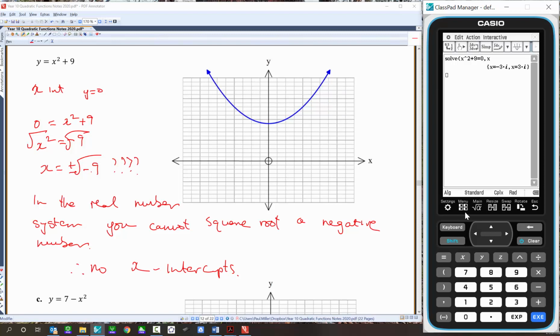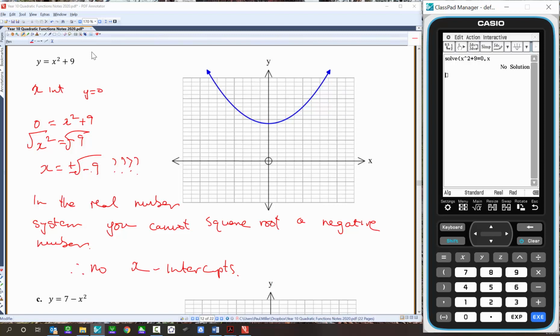So if you do see these i's at any point, square root of -1 is i, an imaginary number, then you've probably got your calculator in the wrong mode. So drop it into the real number system, re-ask the question, and it should say no solution.